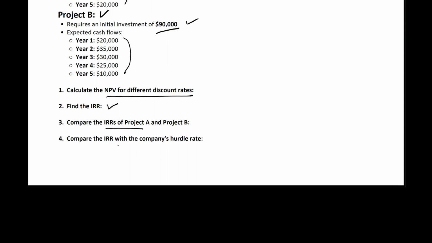Then we compare the higher IRR with the company hurdle rate. Hopefully the IRR is going to be greater than 12%. Otherwise, those projects are not viable, they're not feasible.